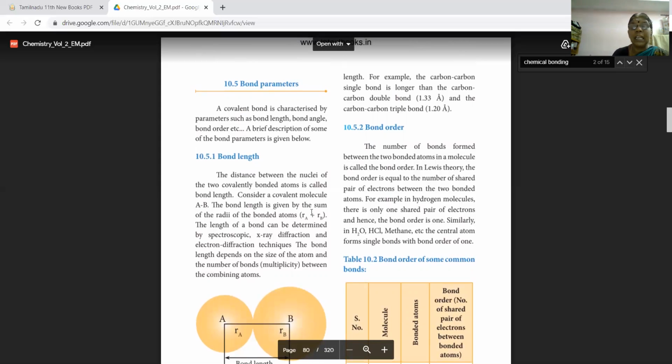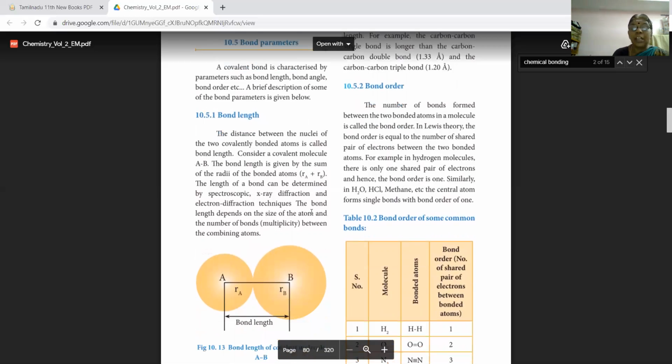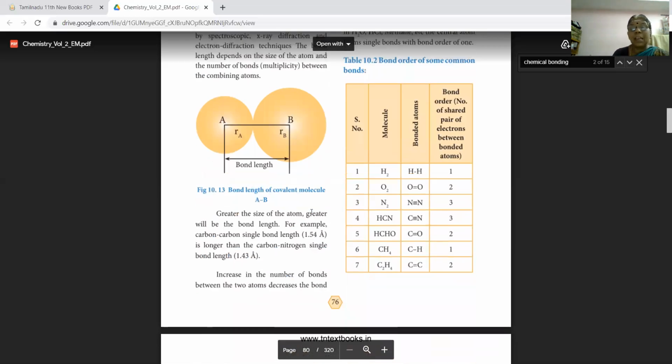Similarly, in water, HCl and methane, etc., the central atom forms a single bond with a bond order of 1. Now, in this tabular column, some of the molecule names as well as their bonded atoms and bond order are given. Hydrogen bond order is 1, that is a single bond. Oxygen bond order is 2, that means between oxygen and oxygen we have a double bond.